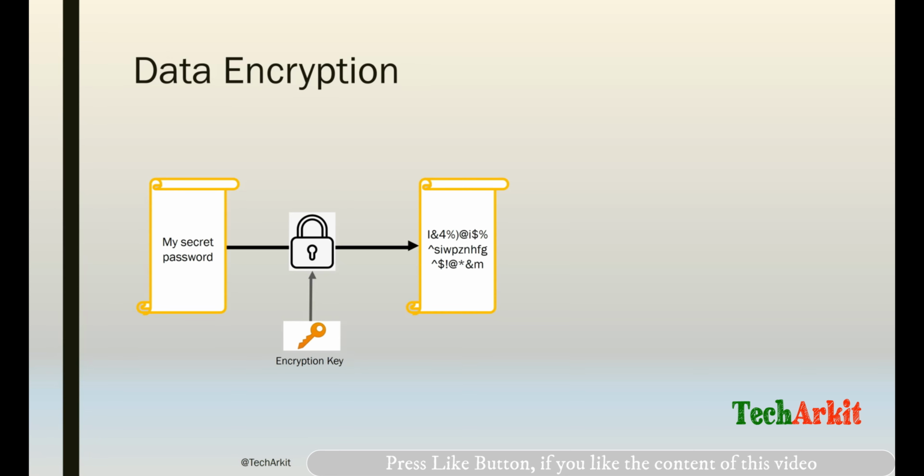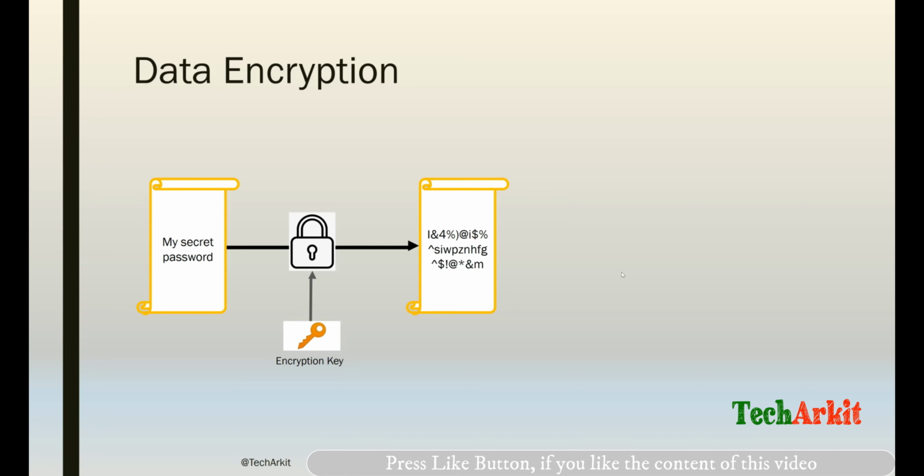Even if they somehow get access and download the data, it still looks like this, which is not the actual data. So this way, if your data is stored somewhere else but is still encrypted, and they steal it, they cannot understand what it is.